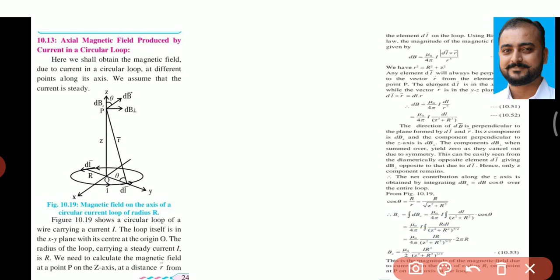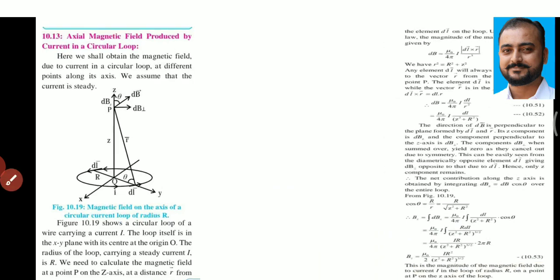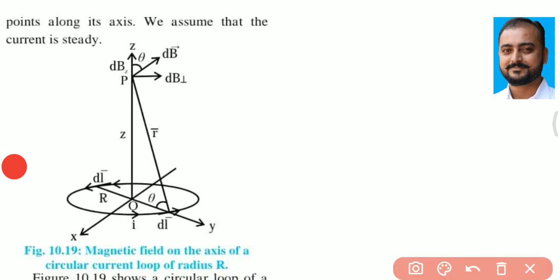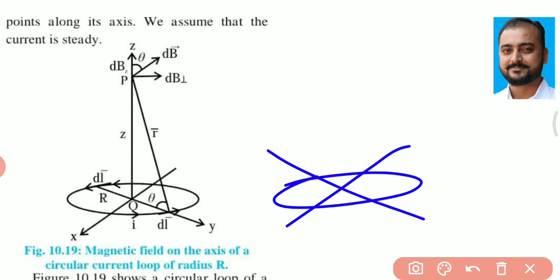That is the xy plane. Now I will just show you this figure. This figure tells us your circle is present in the xy plane, and current I is flowing through this circular loop. We can see this is the direction of current flow through this loop.